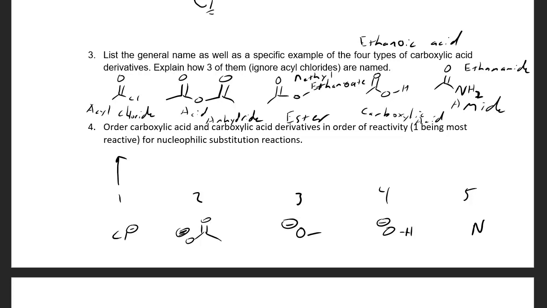And again, I said amine leaving group, so rather than an amide, we'll call this an amine. Whether we have this be an NH2 with a negative charge, or even if we have methyl groups on there, that nitrogen is less electronegative than oxygen, so that's going to be less stable.